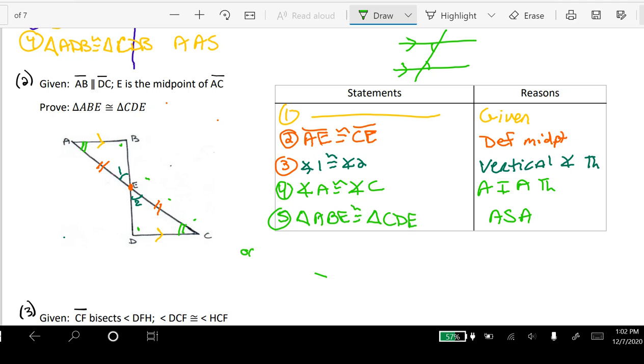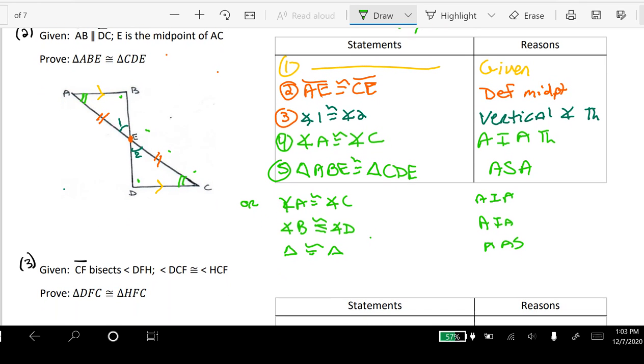But another option could have been, I could have said angle A is congruent to angle C, AIA. I could have said angle B is congruent to angle D, AIA as well. And then I would have had the triangle by angle, side.